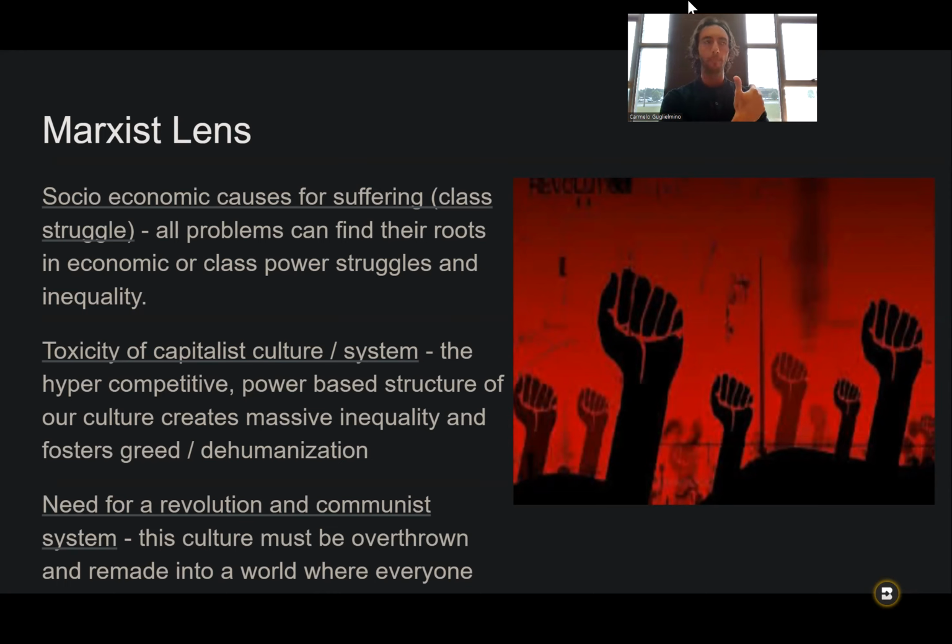Examples abound, but in my class, when we do this in 11th grade, we usually will watch a movie that has some fairy tale roots, and my students love picking The Lion King. So when they use the Marxist lens to interpret The Lion King, what do they focus on, of course? Well, they focus on the role of the hyenas versus the role of the lions. The lions are kind of the upper class.